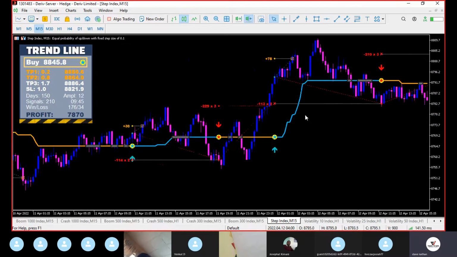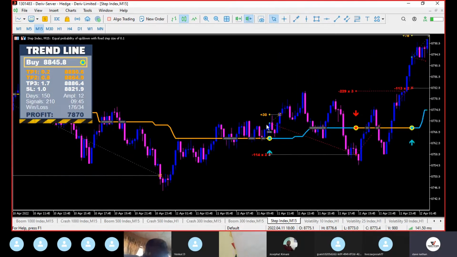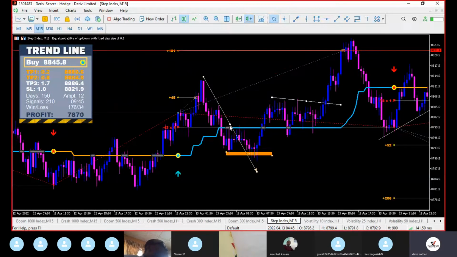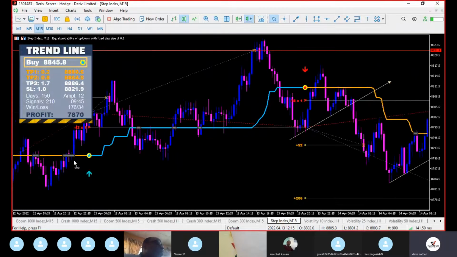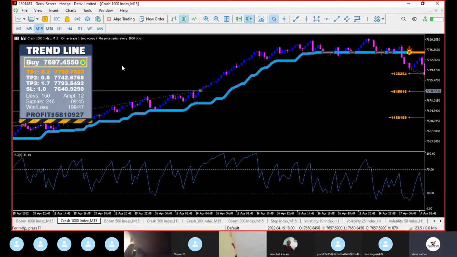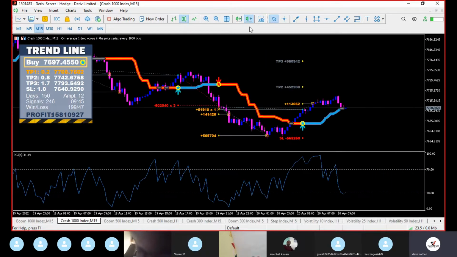So we can go on and on spotting those levels, spotting those breakouts. I'm in a meeting, so that we can move to the next rule. So we have clearly shown how we can use this on Crash 1000 and on crash pairs.